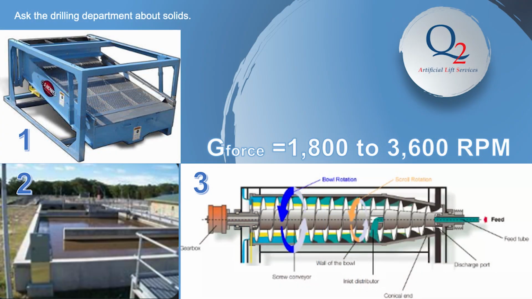And of course, at the end of it, you've got a centrifuge. These centrifuges run at like 1800 to 3600 RPM. That spins out the fines inside the liquids. And then from there, you've got your nice liquid with your polymer. You add some more, and then you head back down hole and continue to drill the well.